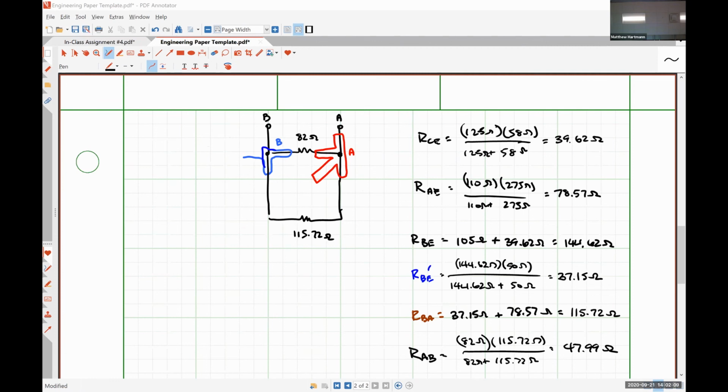Problem one, all right. So let me add a new sheet of paper.